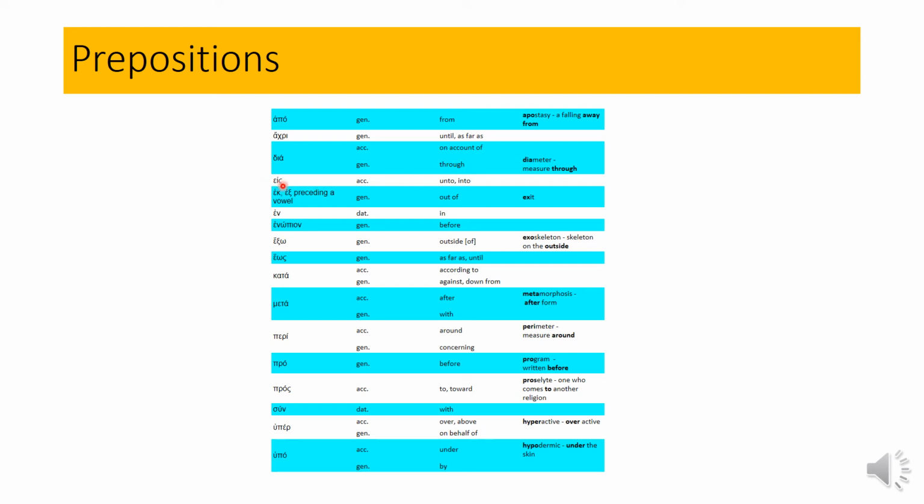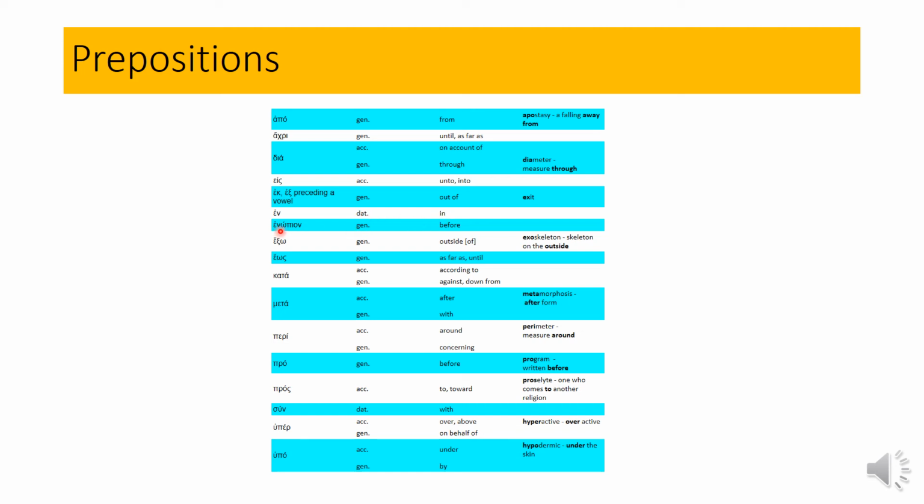The preposition eis in Greek can only be used with the accusative case and will be translated unto or into. The preposition ek or ex, if the next word begins with a vowel, will be used only with the genitive case. It will be translated out of, meaning to exit. The preposition en will be used only with the dative case and will be translated in.